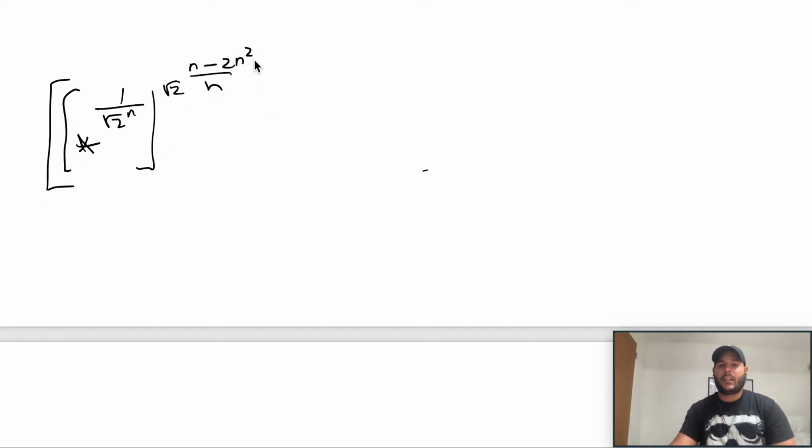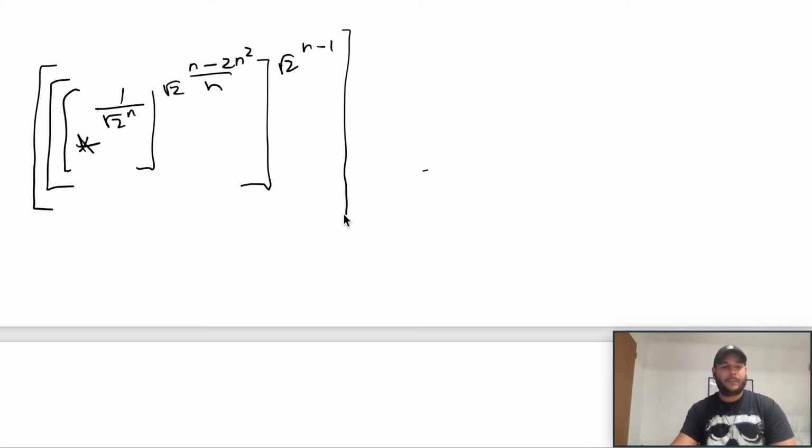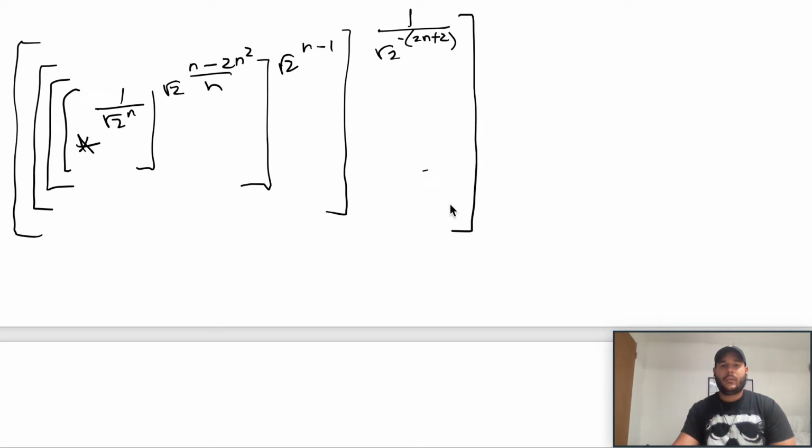And that stuff is now elevated again, but this time to square root of 2 to the n minus 1. And this is now elevated again, but now to 1 over square root of 2 minus 2n plus 2 there. And finally, all of that is elevated to 1 over square root of 2 plus 1 elevated to the second power.